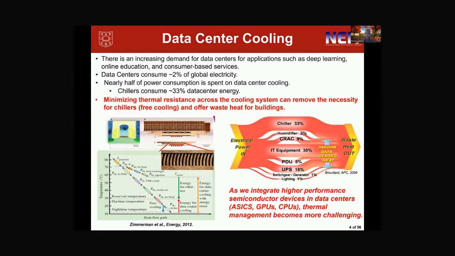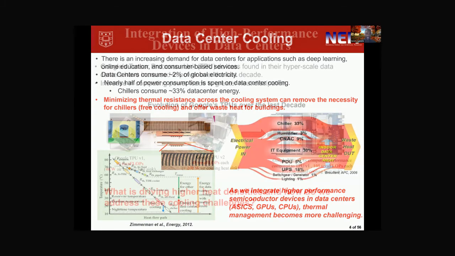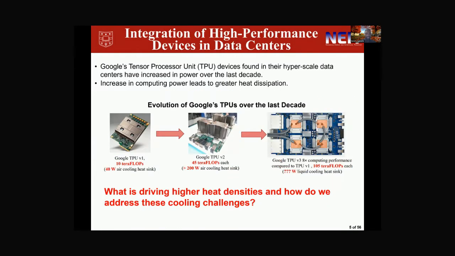And so really the motivation here is that as we integrate higher performance semiconductor devices in data centers, such as application-specific ICs, GPUs, and CPUs, thermal management becomes more challenging. I just wanted to give a brief example of the Google Tensor Processing Unit that is found in their hyperscale data centers.